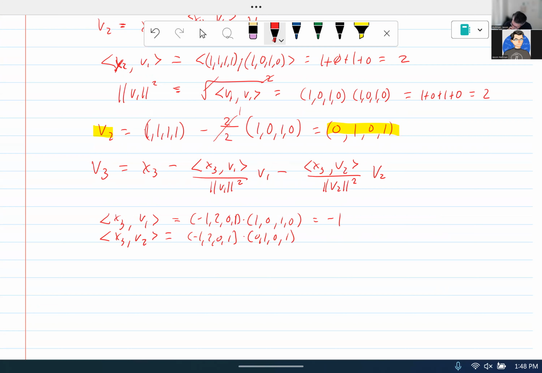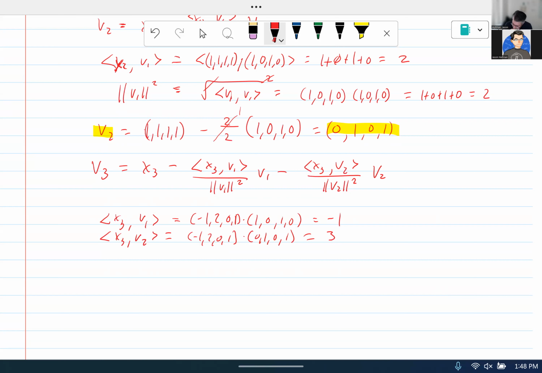So here, 2 and 1, the 2 survives, and the second term, 2 times 1, plus the last term, the last component I guess I should say, is 1 times 1, which is 2 plus 1, which is 3.